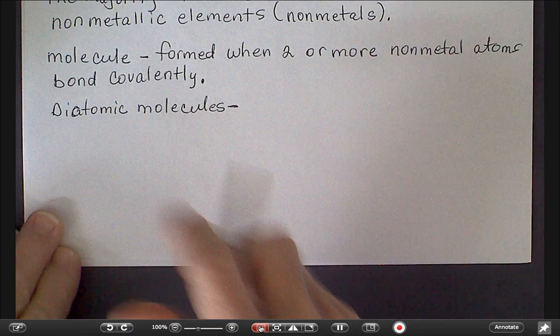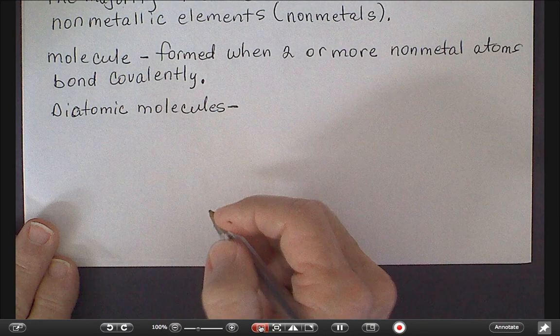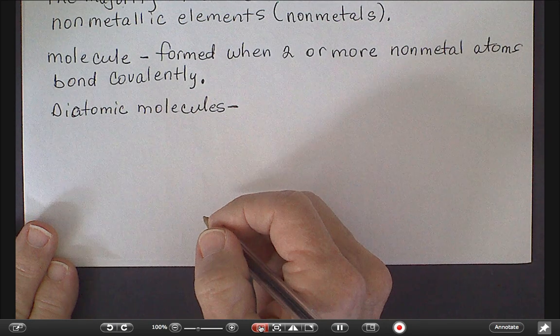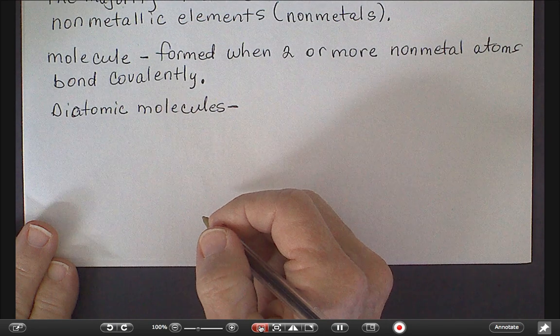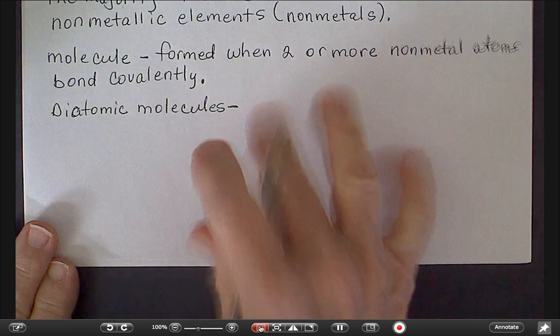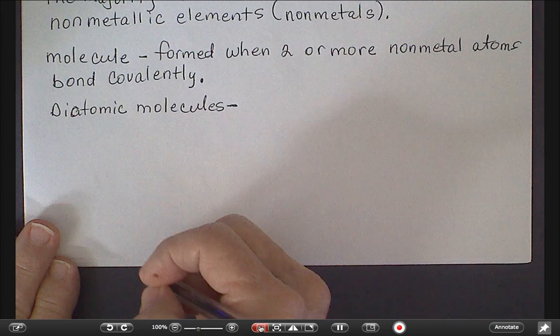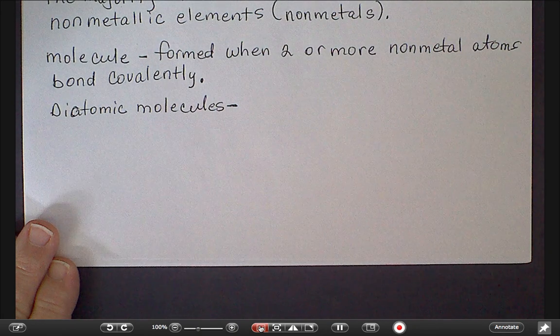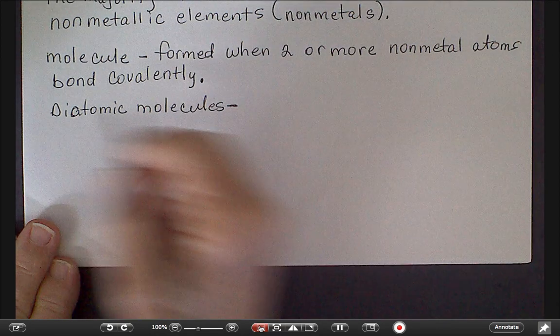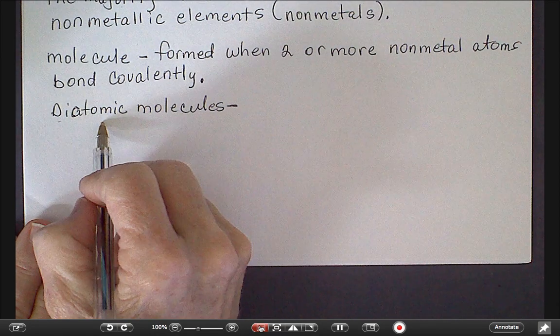Two. You're going to learn prefixes in covalent bonds. Mono, di, tri, tetra, what's five? Penta, and so on. That's how the naming system works for these covalent bonds. Okay, diatomic, di means two atoms.